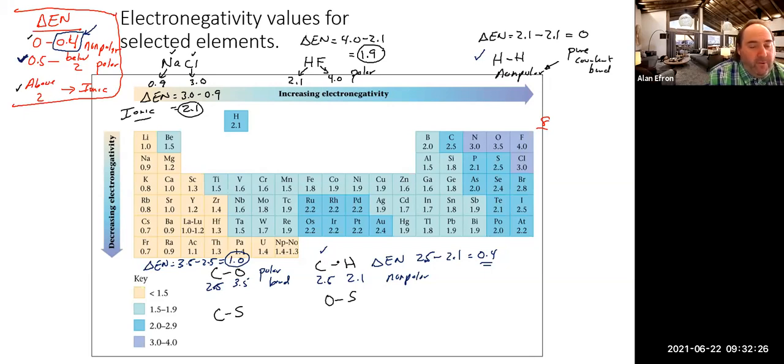So it's not really 100% perfect equal sharing, but it's enough to be considered overall equal sharing of electrons in a nonpolar bond. And that's why there is that slight distinction that sometimes you will see people use, like we talked about a second ago, that this is sometimes also referred to as a pure covalent bond because we got that absolute perfect equal sharing of electrons.